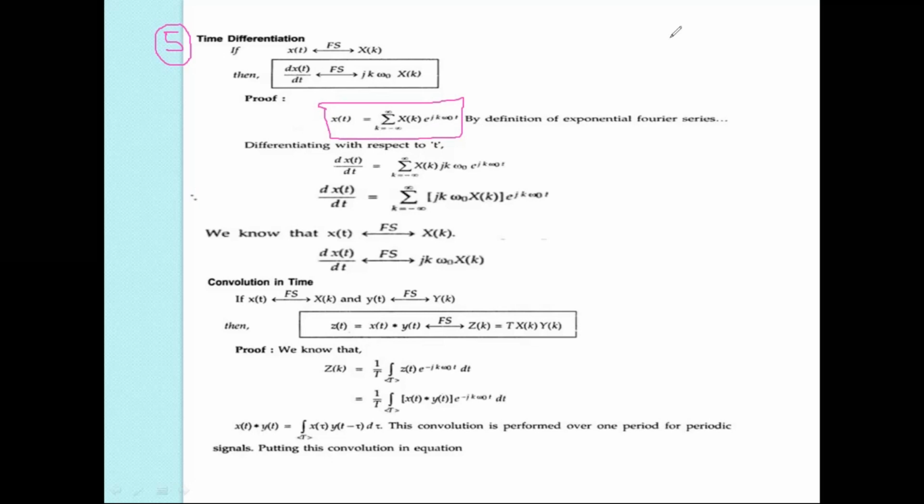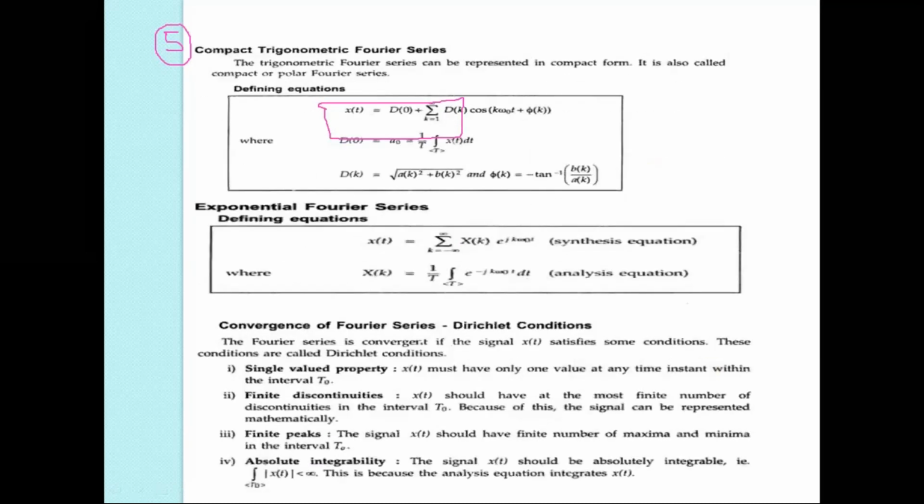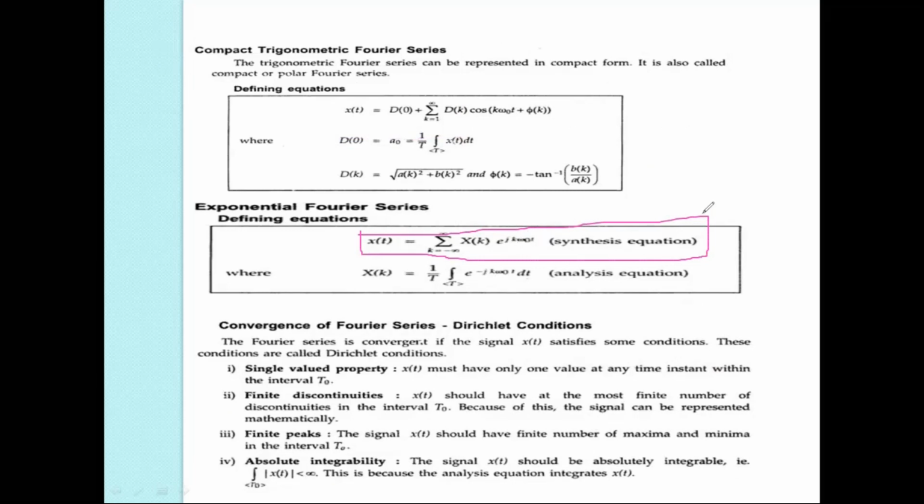We already discussed about this. Okay, I will show that also. In the previous slides we have this. x of t is equal to sum of k equal to minus infinity to infinity X of k e power j k omega naught t, a positive exponential, my dear students, as the synthesis equation.